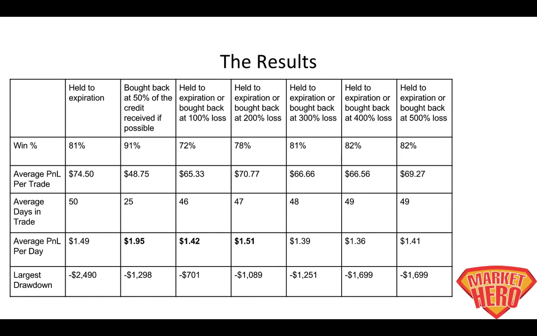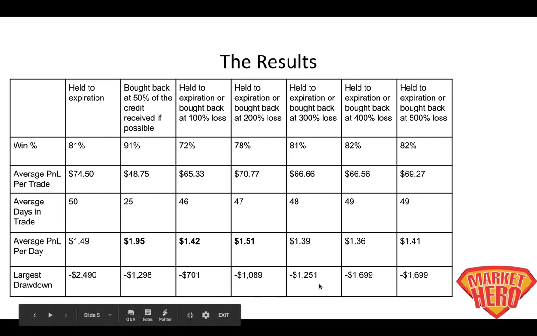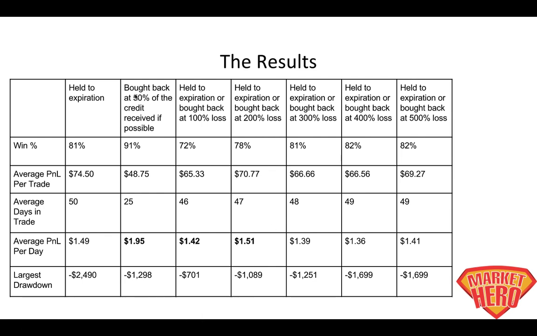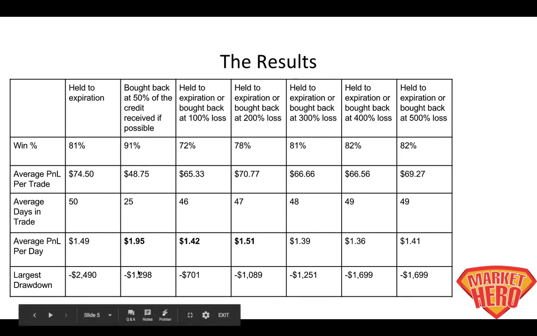So the interesting part is when our stop loss is 300% of the credit we received, and we just manage our losers, our worst case scenario is $1,200. However, if we go to the second column and we're just focusing on managing winners, not having anything to do at all about our losers, it's the same worst loss.